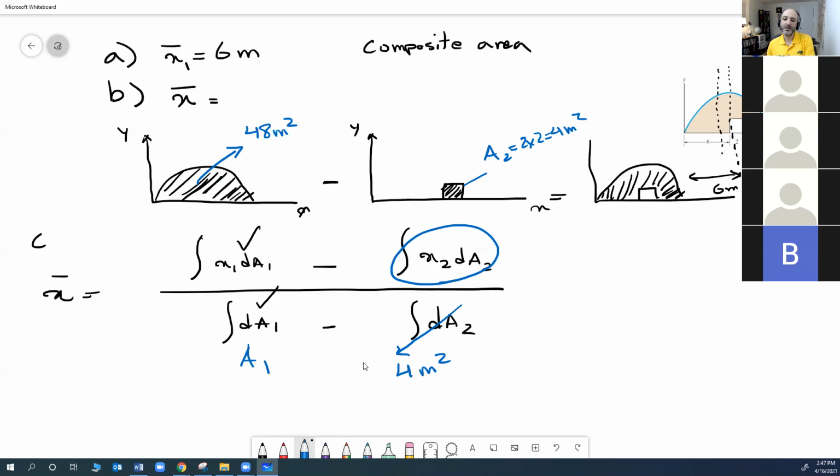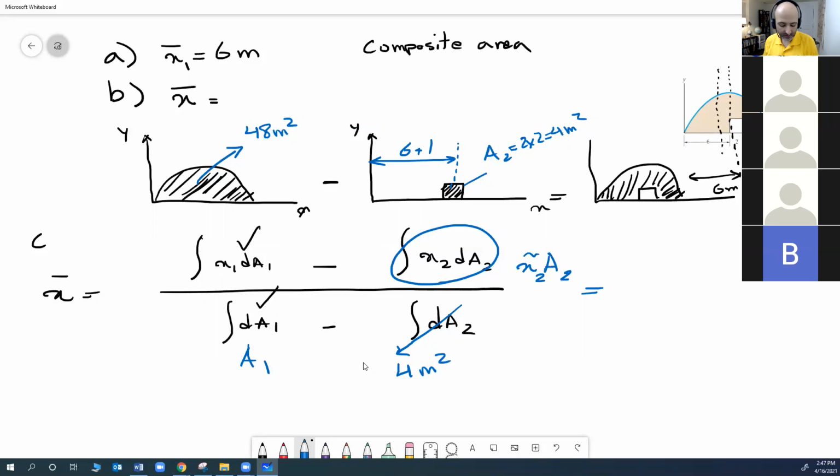So what this means is pretty much x tilde multiplied by area. Can you guys tell me what is x tilde here? And what would be the area? It would be 7. As x tilde is 7. It would be the centroid of this area that I'm trying to find, the distance between this one and the y-axis, which is 6 plus 1. And I already have the area.